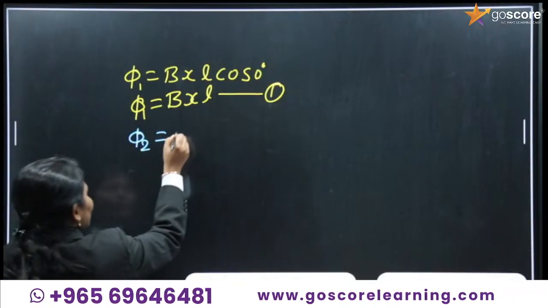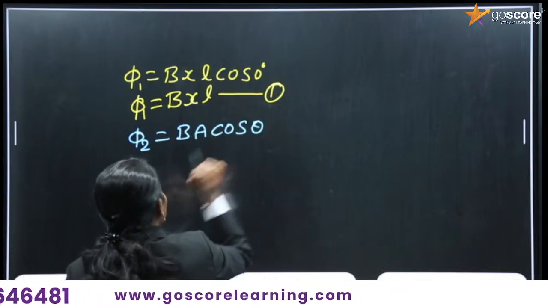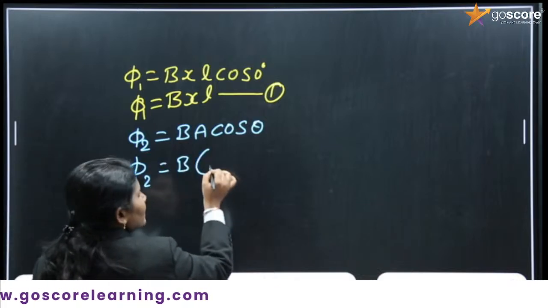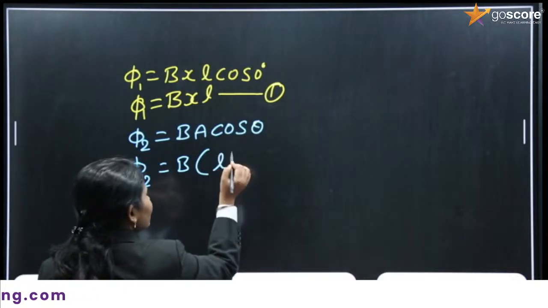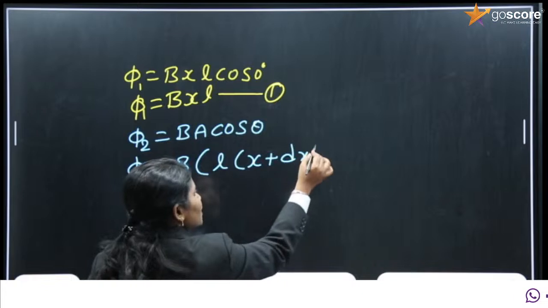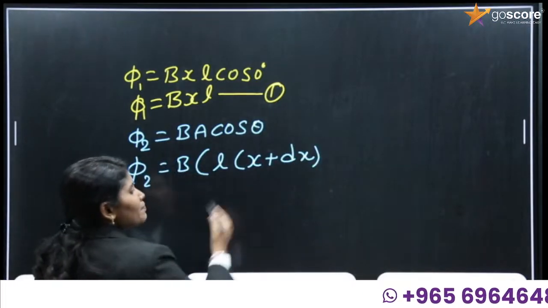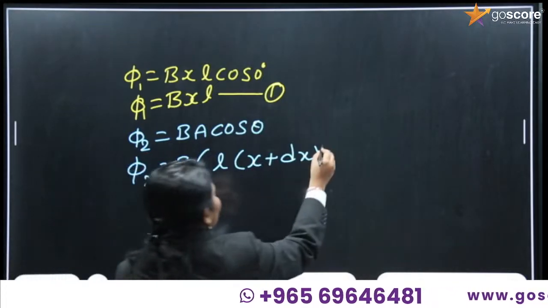Phi 2 is equal to B A cos theta. Phi 2 is equal to B into L into breadth. Here length is L. What is the breadth? X plus dx. The change in position occurred, that's why the breadth changes to X plus dx.